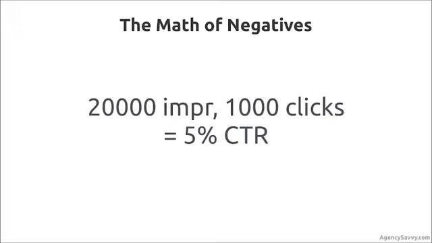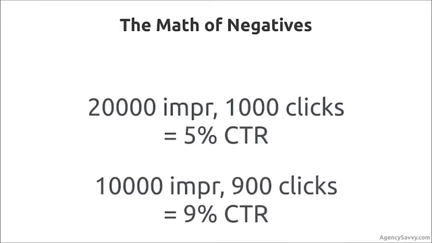And so why negs are so important is, imagine this situation where we've shown an ad 20,000 times, but actually half of those were junk search queries, were stuff that we really shouldn't be showing ads for at all. And if we can add the right negative keywords and get rid of half of these impressions, we'd be left with 10,000 impressions.